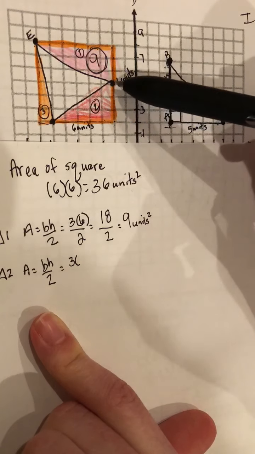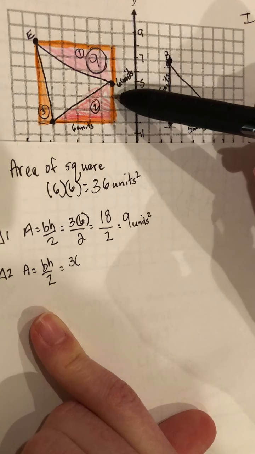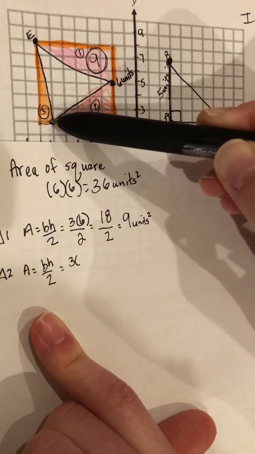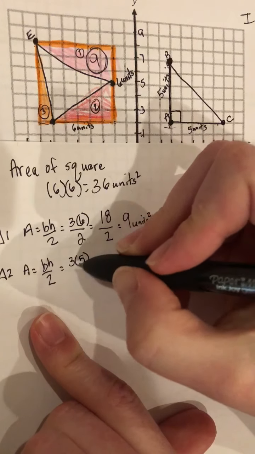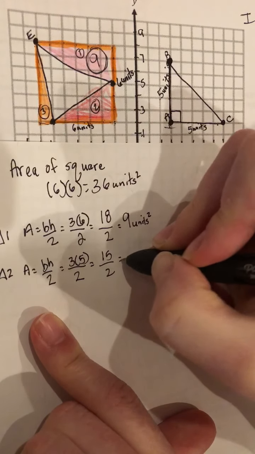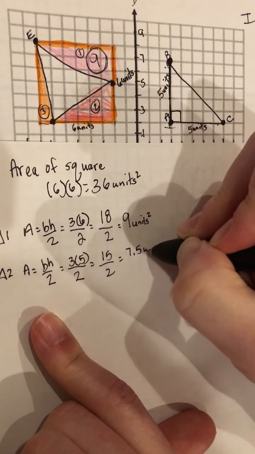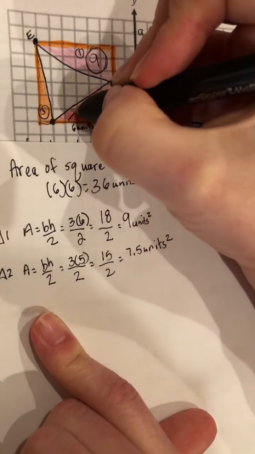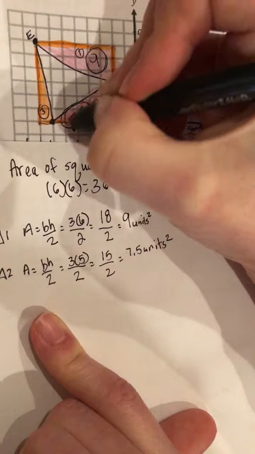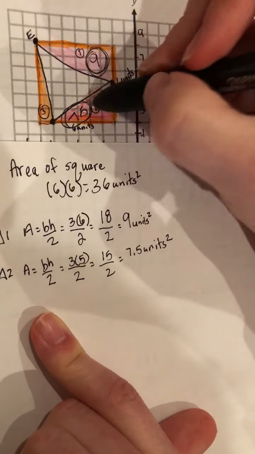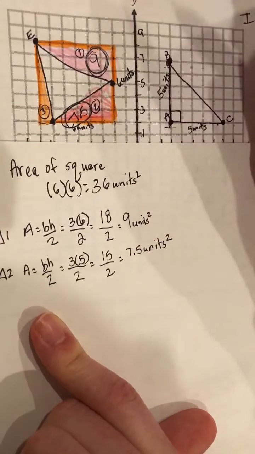So the base on this right triangle is 3, and the height is 1, 2, 3, 4, 5, divided by 2. 15 divided by 2 is 7.5 units squared. So I'm going to put 7.5 in the middle and circle it, the big circle. I write my 1, 2, and 3 kind of small, and then the actual area big.